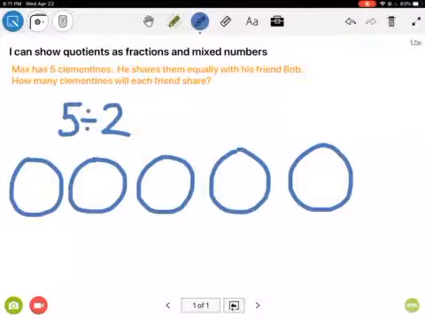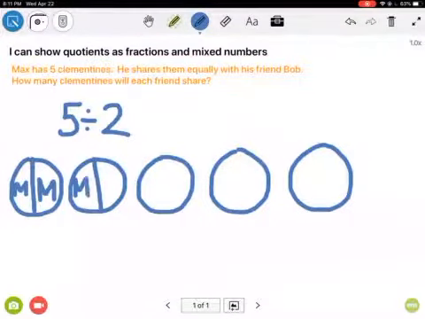So let's think about Max's clementine first. Max gets a clementine. So I'm going to represent this clementine with an M that represents Max. Max gets this clementine.